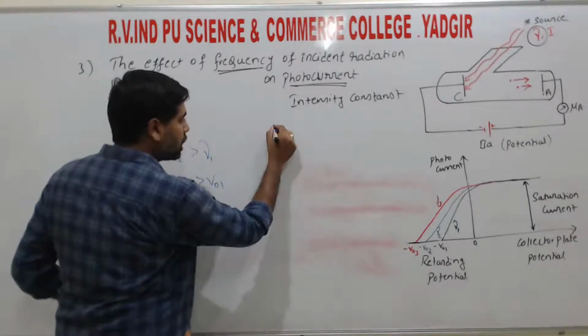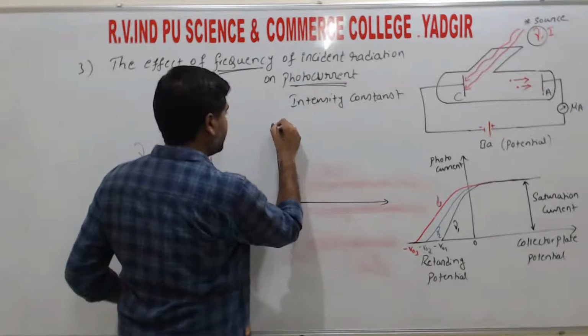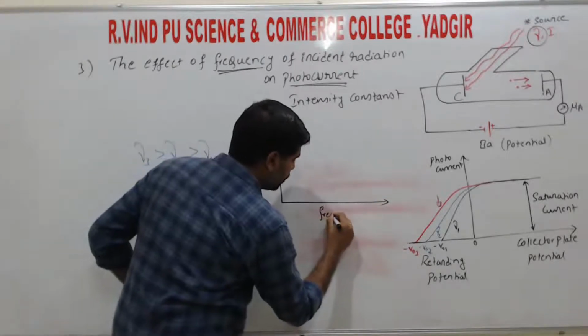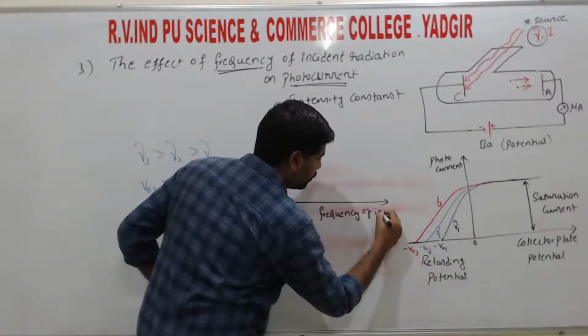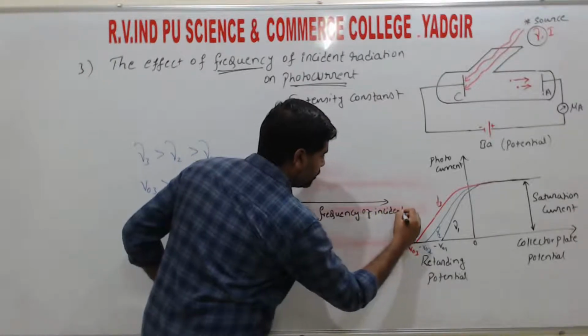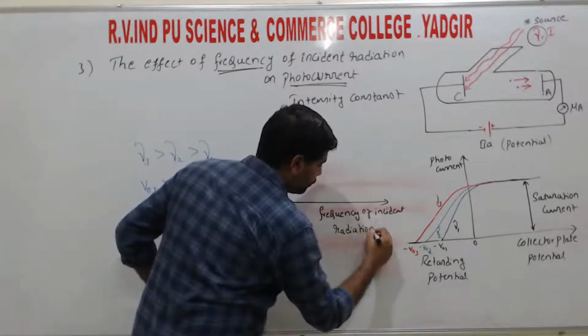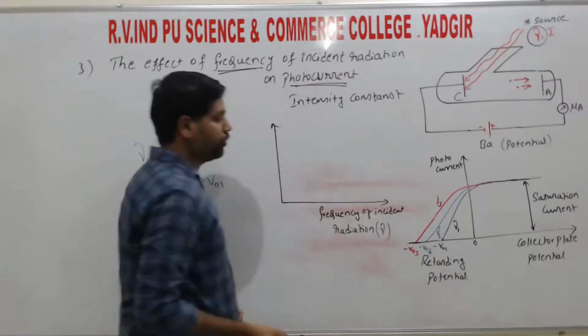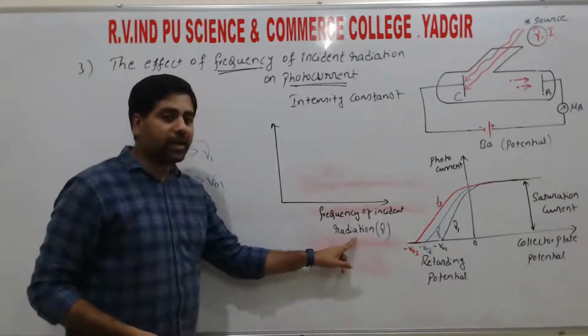Then if I plot the curve for frequency, here this one is the frequency of incident radiation, that is nu. So nu denotes the frequency of the incident radiation.